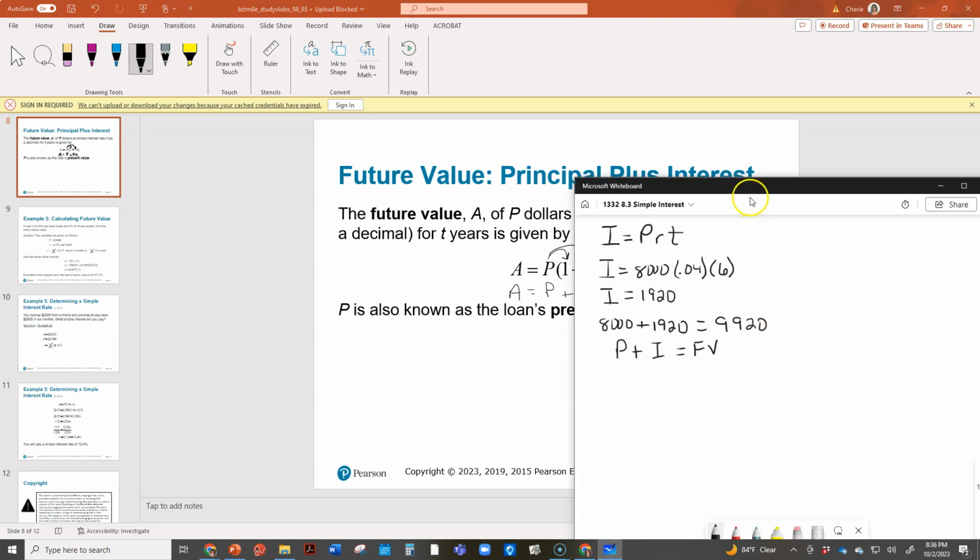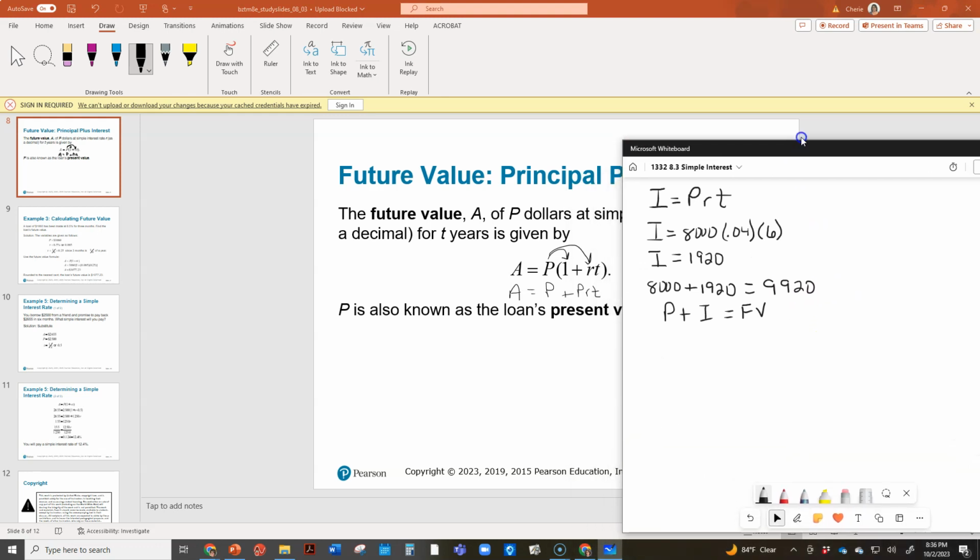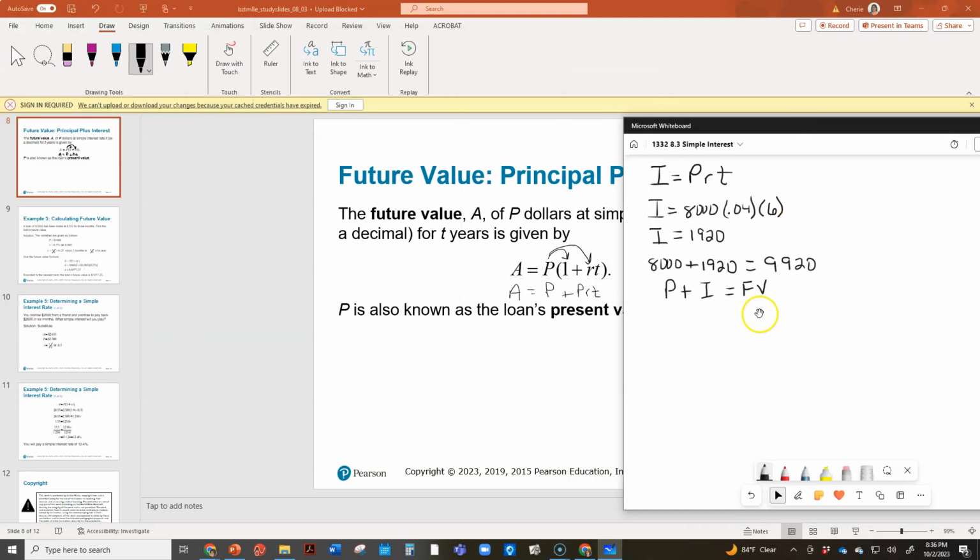But I will show you that if you take that formula and do the same thing right here, you take your future value, and on other places we don't use A, we would literally use future value, but they're using A, so I'll use A. A equals the principal times 1 plus RT.